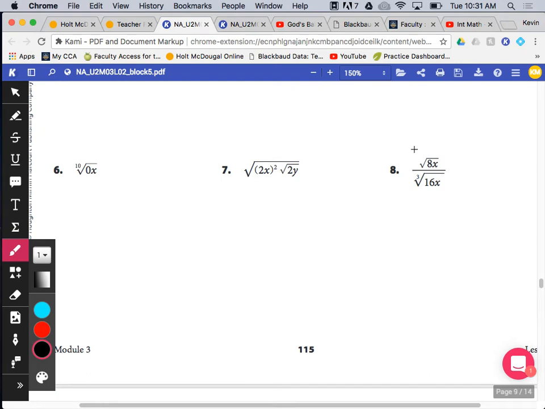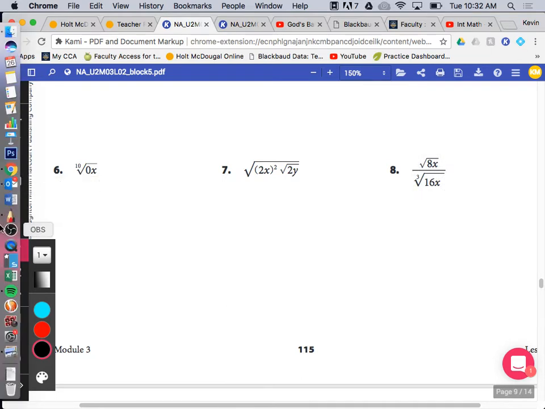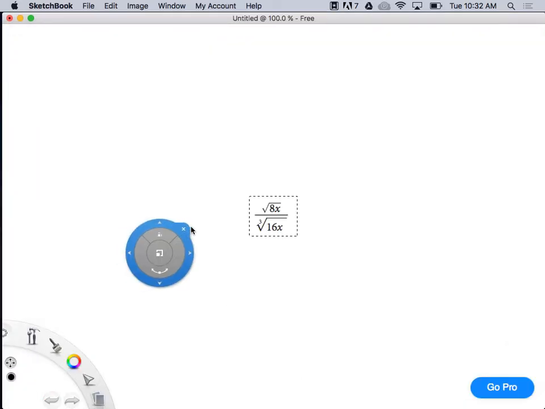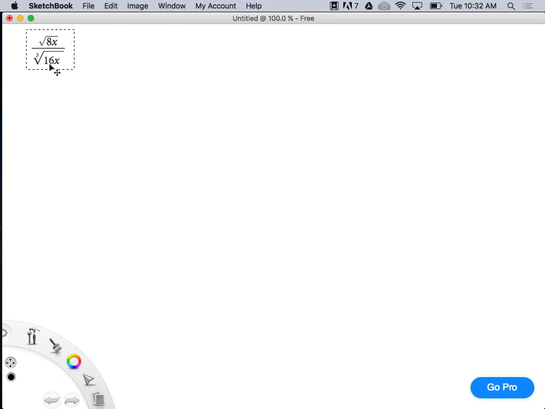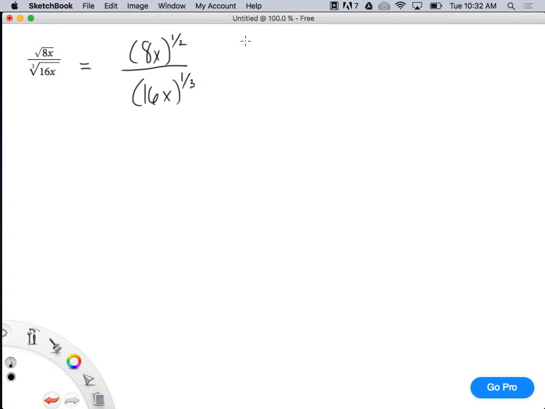Number 8. Okay, same deal, rewrite the radicals. 8x to the 1/2 over 16x to the 1/3. All right.